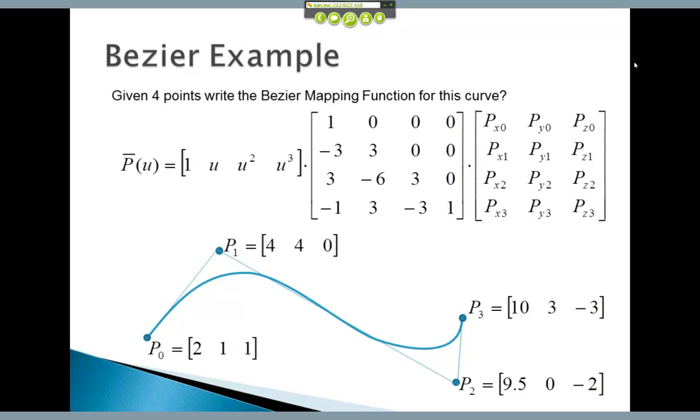Write those down, and then multiply it times U, and that'll get you the mapping function. Is that any place close? Yeah, that's right. That close?